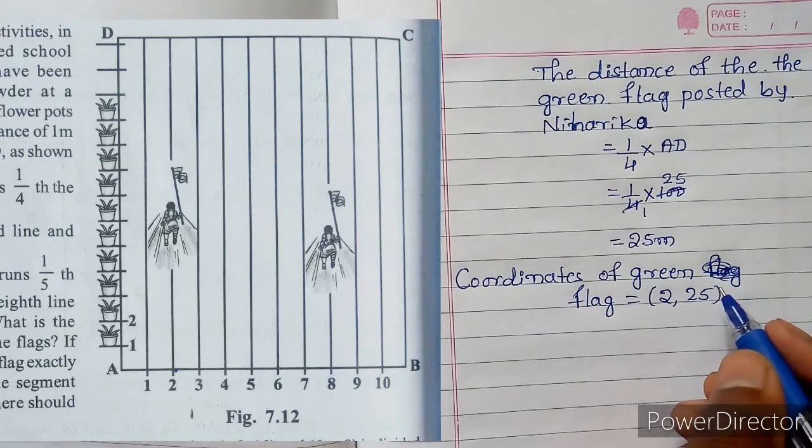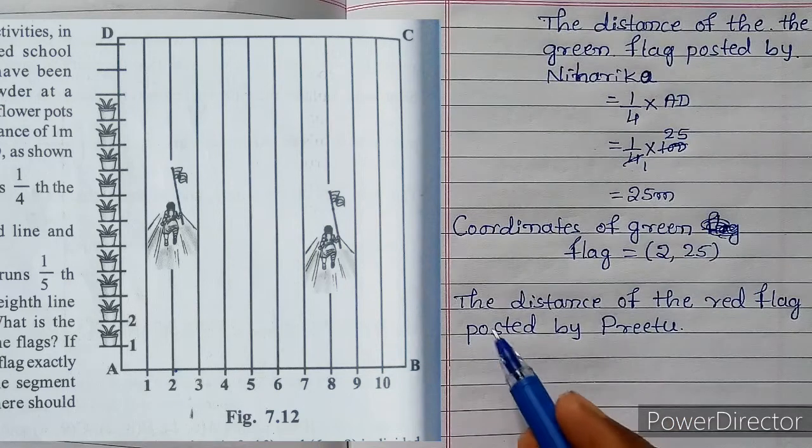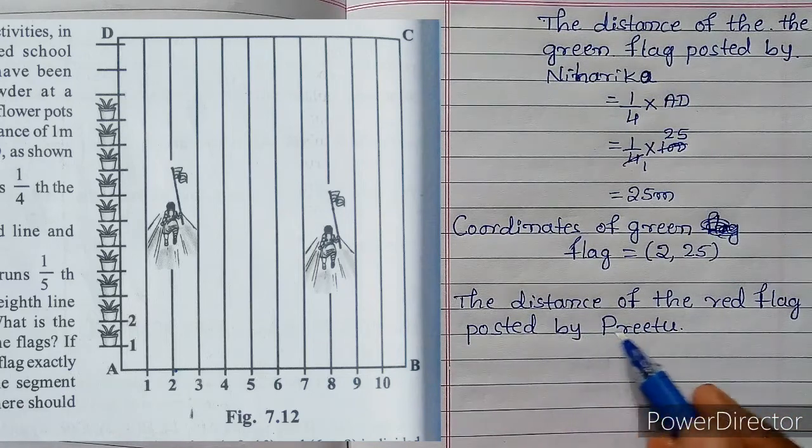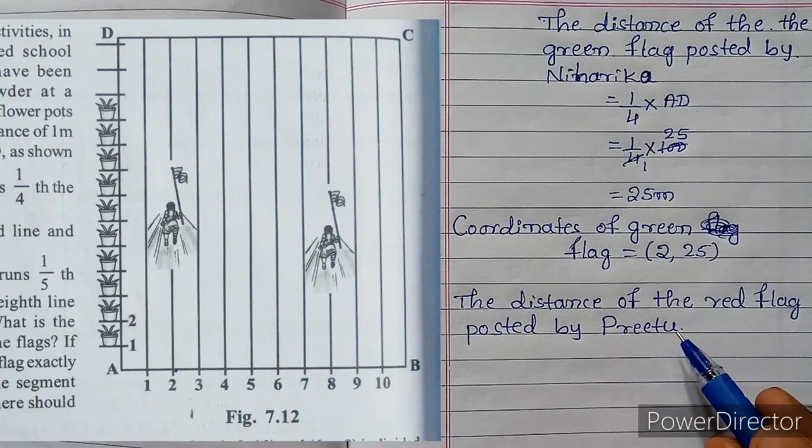Similarly, we have to calculate the distance of the red flag posted by Preetu. Preetu is standing on the 8th line.